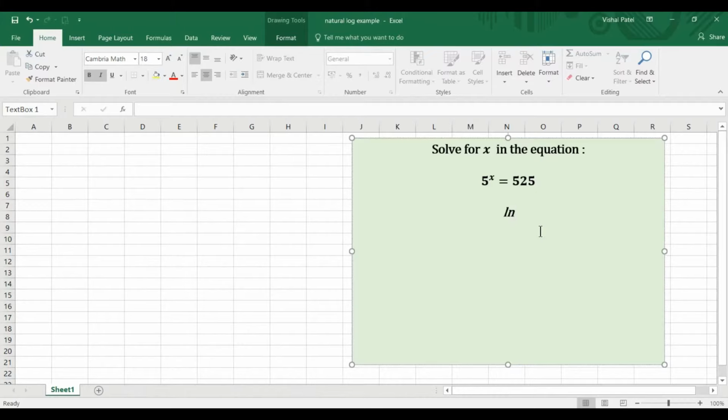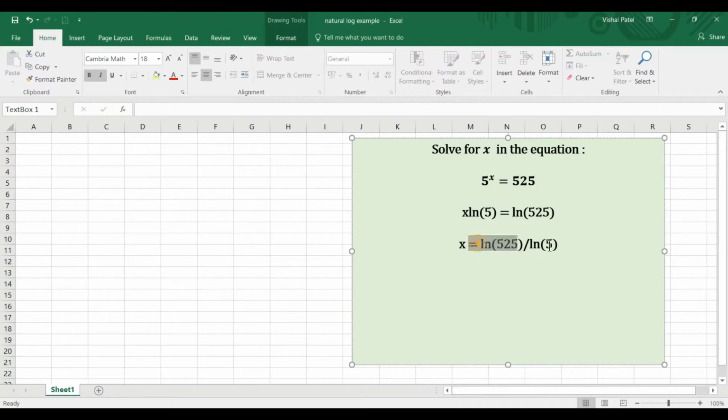So if we take the natural log of both sides, that would be x log 5 equals log 525, and then x will be equal to log 525 divided by log 5. Just to make that easier to read.